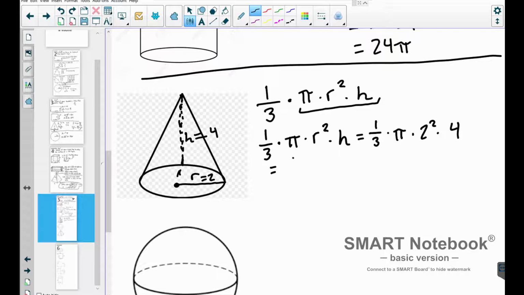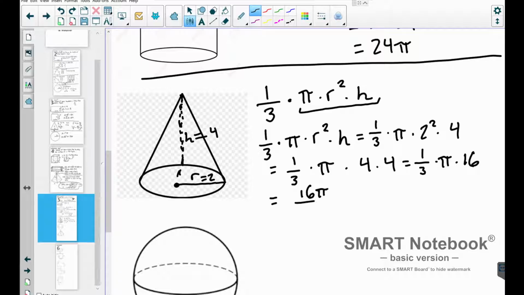And that will give us 1/3 times pi times 4 times 4, which is going to be giving us 1/3 times pi times 16. So then we can pull this 16 pi on top. We are left with 16 pi over 3. And that's how I would leave my answer.